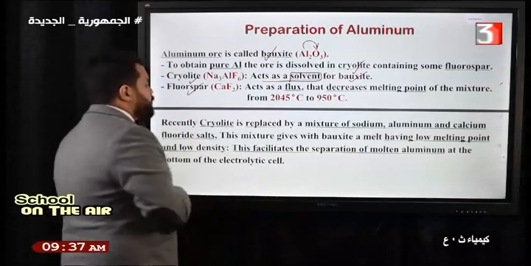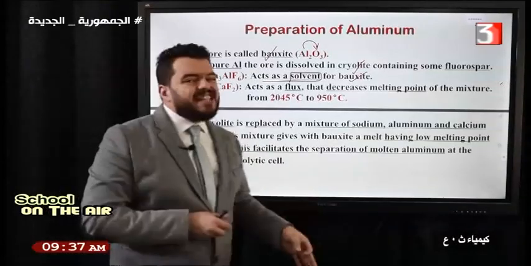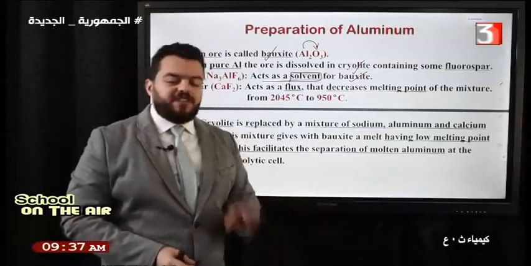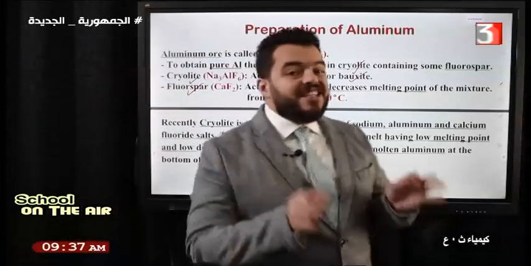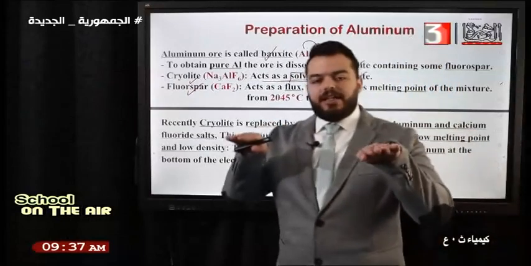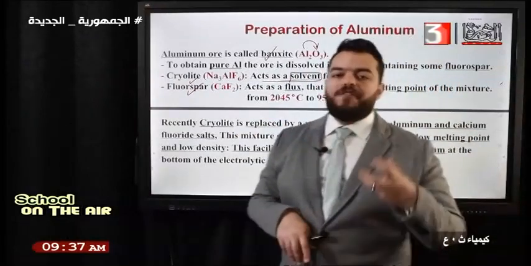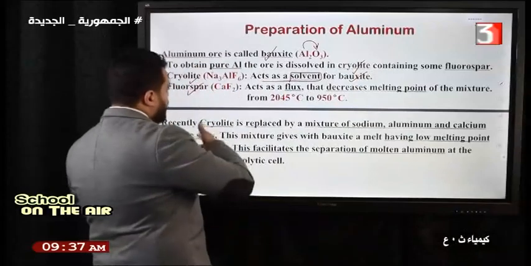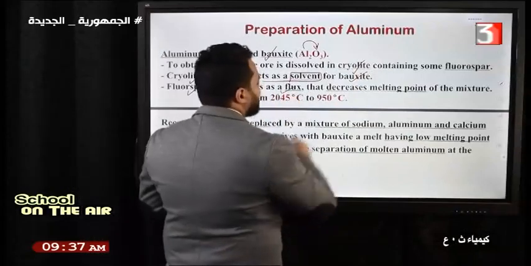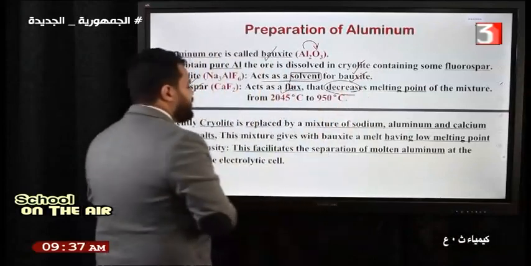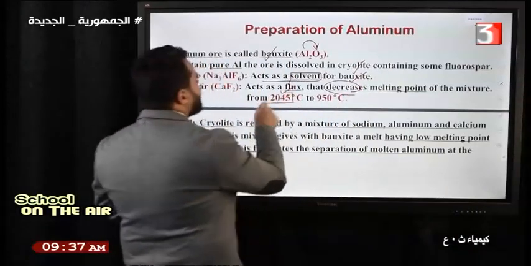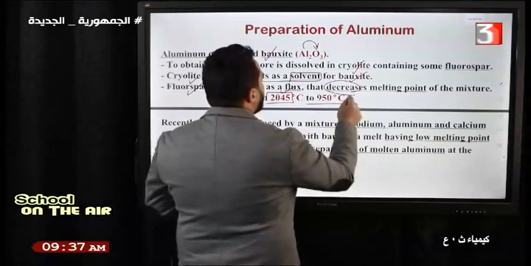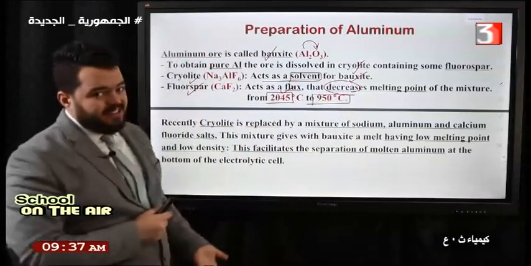And we use fluorspar, which is calcium fluoride, as a flux. What is a flux? A flux is a substance used to decrease the melting point of any solid substance. So the fluorspar acts as a flux that decreases the melting point of the mixture from 2045 to 950 Celsius.